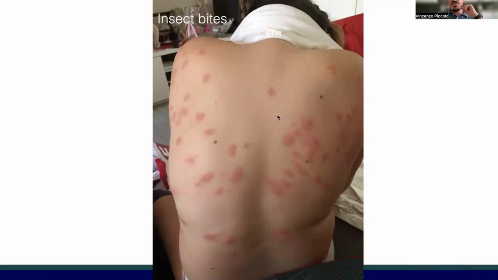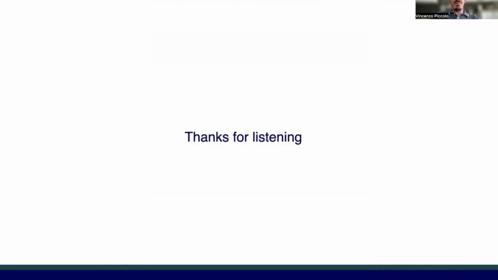A short course of topical steroids and antihistamines and the avoidance of exposure to further insect bites may be very helpful for the treatment.